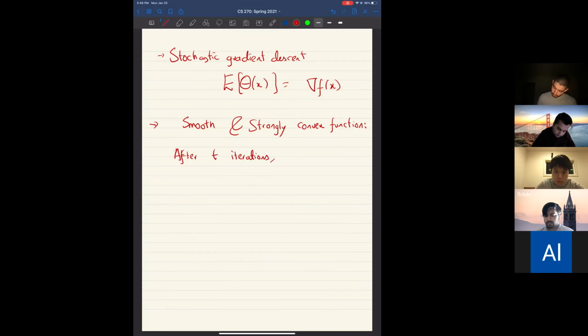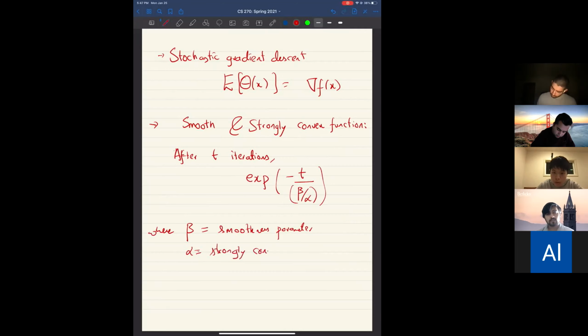You can get exponential convergence. Beta is the smoothness parameter, and alpha is the strong convexity parameter.